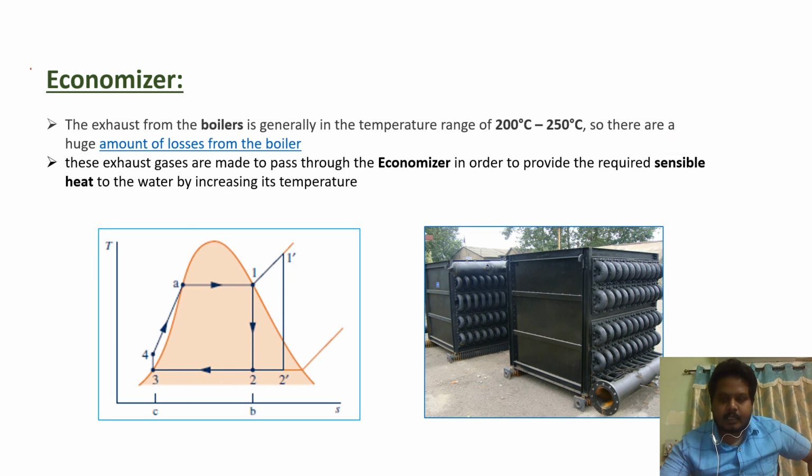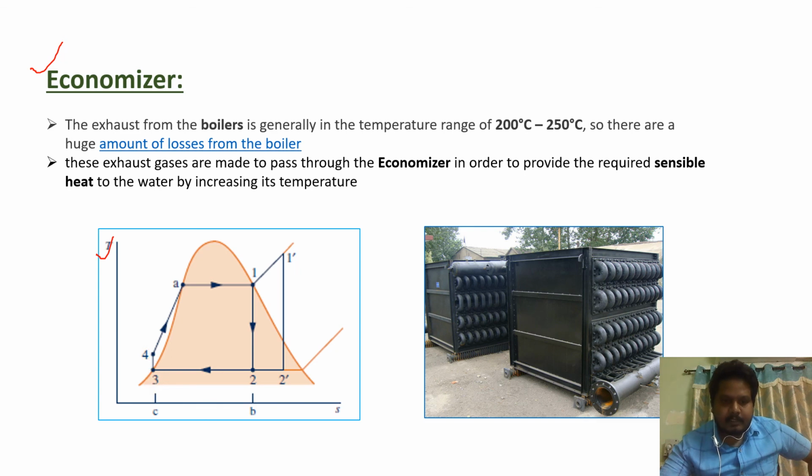Now let us see another type of accessory, the economizer. The use of the economizer is that it will preheat the water before entering the boiler, which means, here you can see in the TS diagram, process 3 to 4 is the isentropic compression process. Okay.